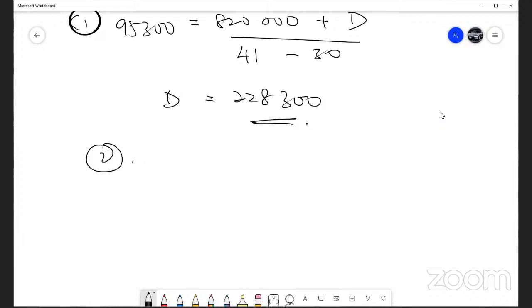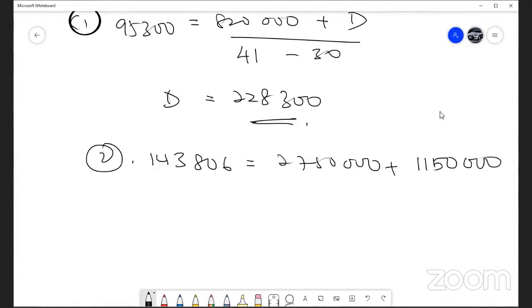Second question, they give you everything and want you to find P. Break even is 143,806, fixed cost is 2.75 million, depreciation is 1.15 million, price we don't know, cost 56. So the price in the end is $83.12.